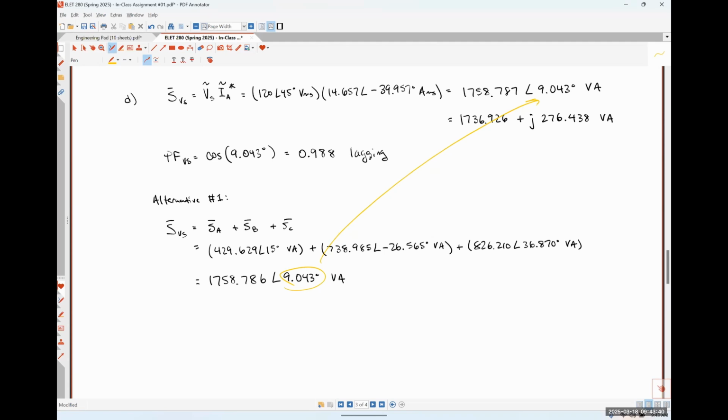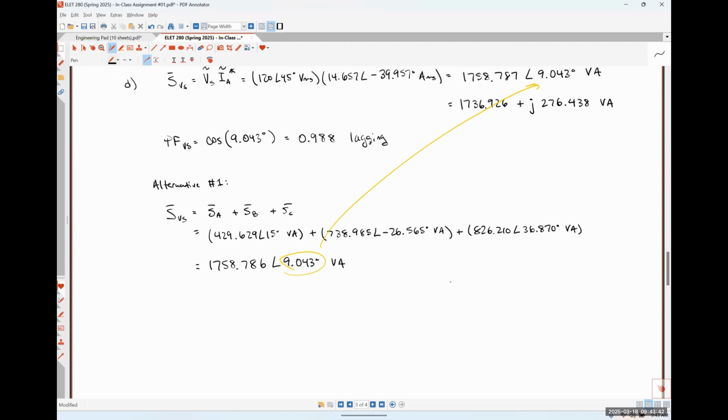Okay. Alternative number 2, just for what it's worth. I believe I mentioned to you all in yesterday's class meeting that the power factor angle theta s is the same thing as the angle of the impedance.